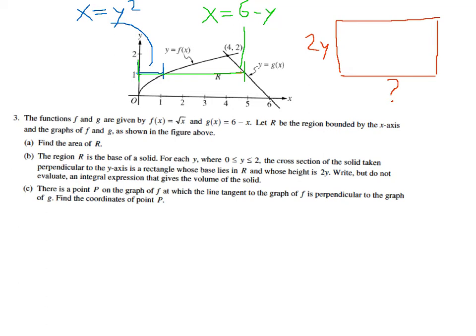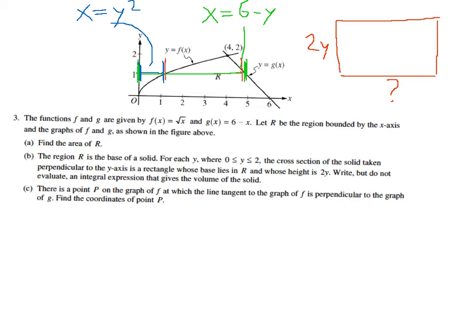So the green is 6 minus y, and that goes from way over here on the right all the way back to the y-axis, and the blue is equal to y squared, just from right here to right here. Well, the red then, which I've covered up, let's draw that in again.